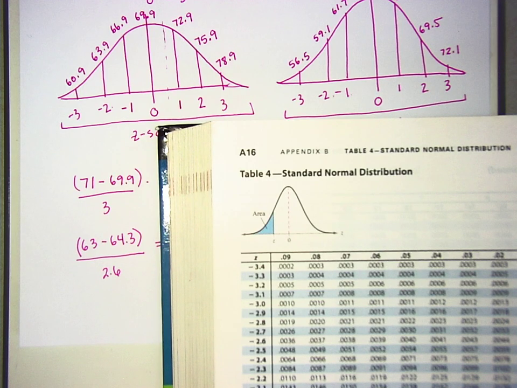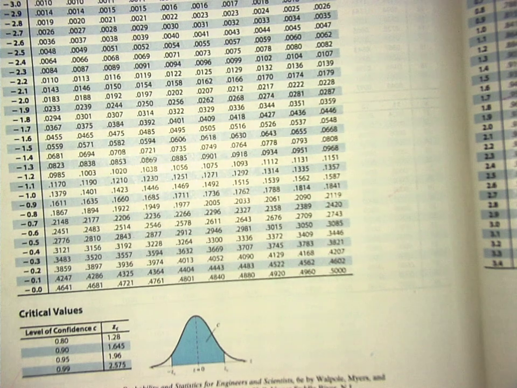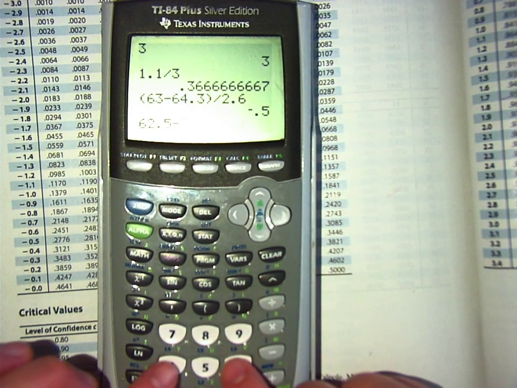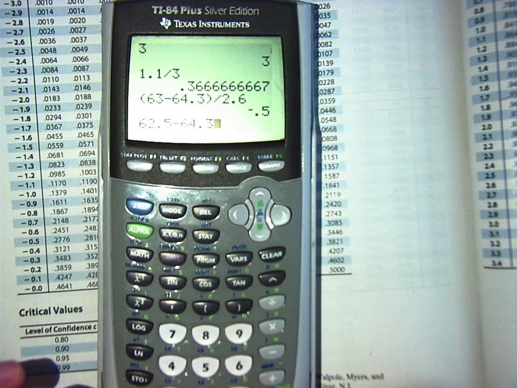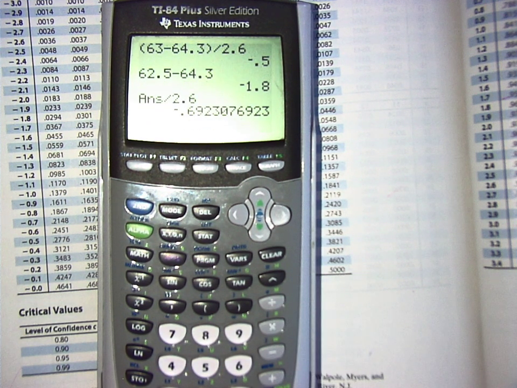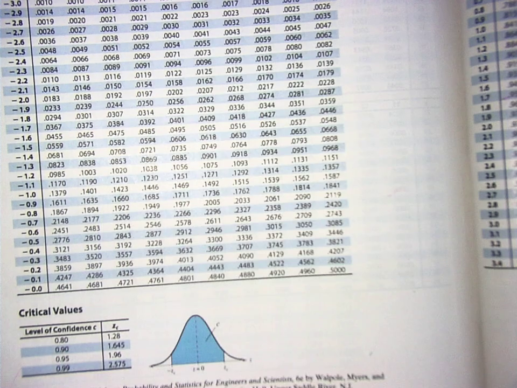This is a table of percentiles where it will tell you what percentile you're in. So for example, I said I'm negative 0.5, which is not really true, so I'm going to fix my number. Really, I'm 62.5 minus 64.3 divided by 2.6. So my actual number is negative 0.69.